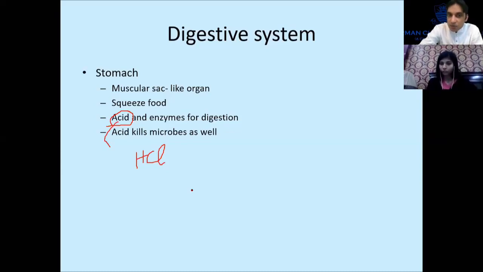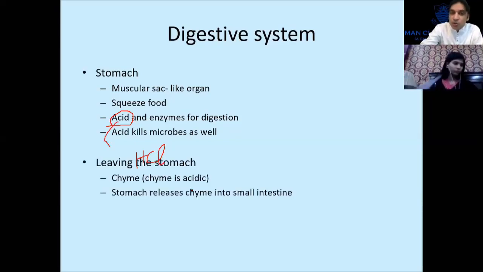The enzymes which are present within the stomach are responsible for the digestion of proteins. Proteins are big molecules made up of so many small components called amino acids.